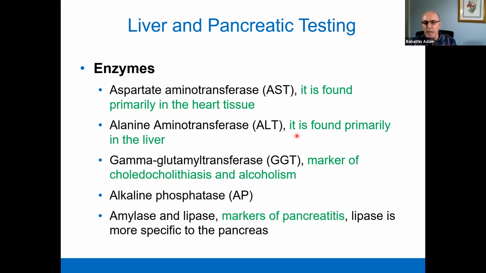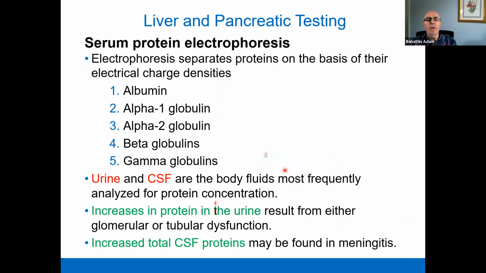Lipase is more specific to the pancreas. Amylase is secreted from both the pancreas and the salivary duct and salivary tissue, while lipase is only secreted and released from the pancreas. So lipase is more specific to the pancreas.